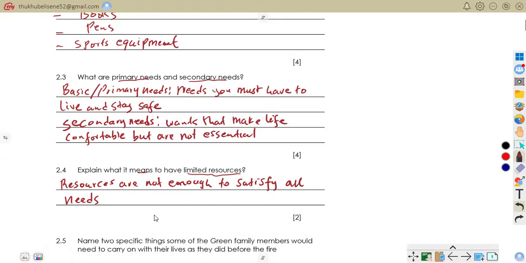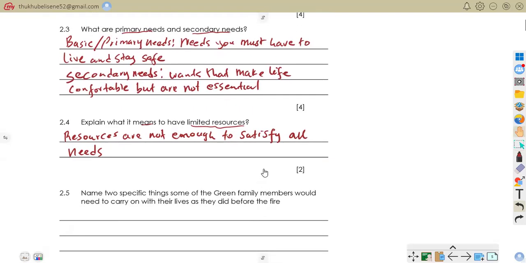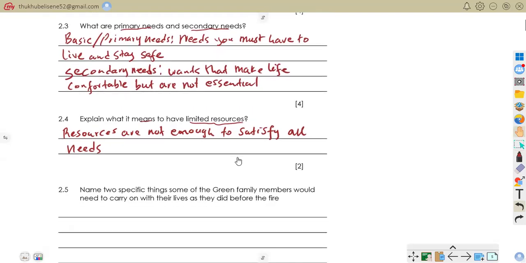So, for example, not enough money to buy everything you want. So it means you are limited because you cannot afford to buy everything that you want.